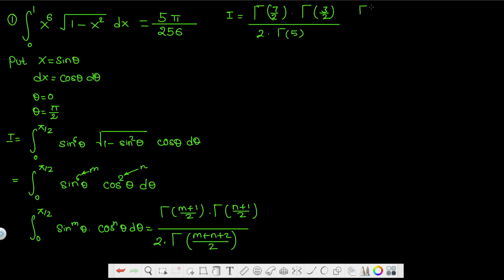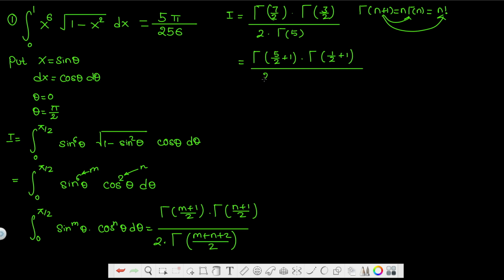Now we can use the formula gamma n plus 1 equals n gamma n, and also n factorial. For the upper terms we will be using the first formula, and for gamma 5 we will be using the factorial formula. So 7 over 2 is the same as 5 over 2 plus 1, and 3 over 2 is the same as 1 over 2 plus 1, and gamma 5 is the same as gamma of 4 plus 1.